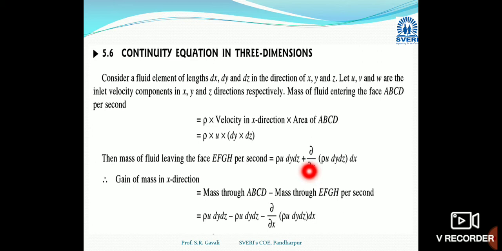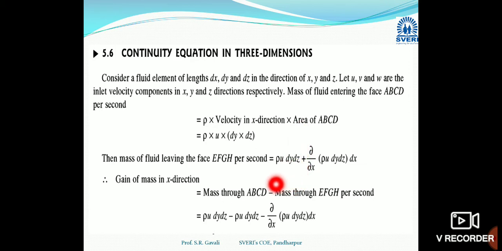The partial derivative of rho u with respect to x is going to be a small change in mass, multiplied by the entire length in x direction, dx. Therefore the mass of fluid leaving EFGH is equal to rho u dy dz plus dou of dou x of rho u dy dz into dx. So this is the mass flowing in the x direction and leaving the face EFGH.